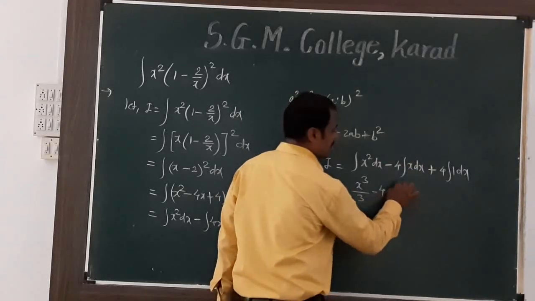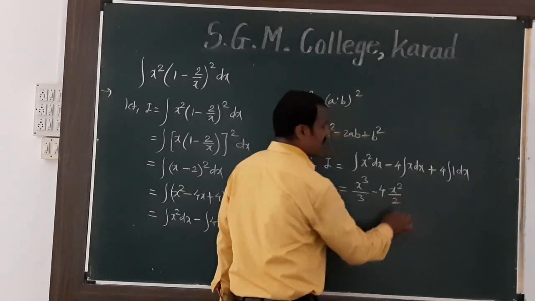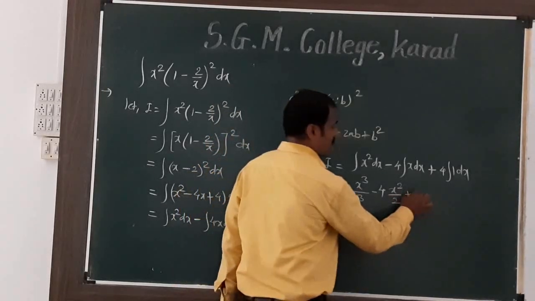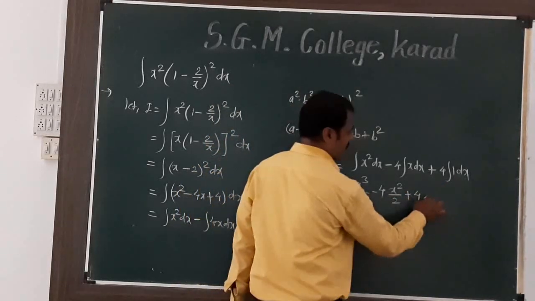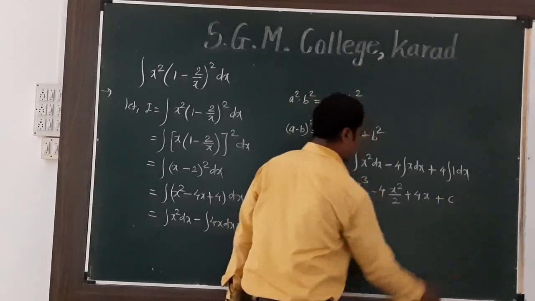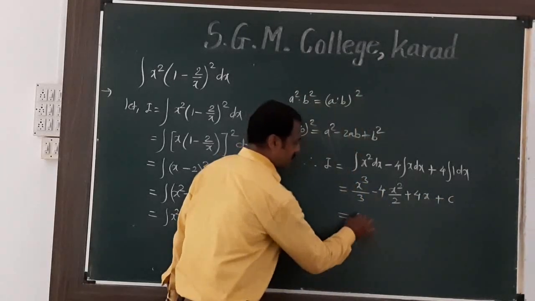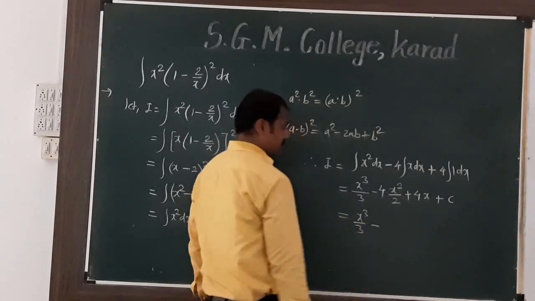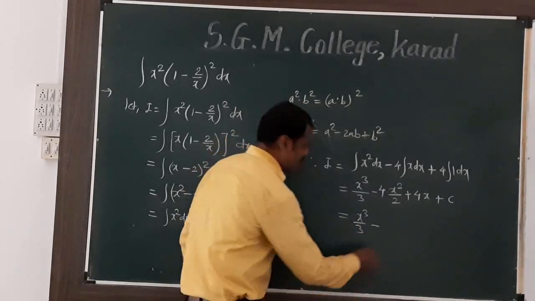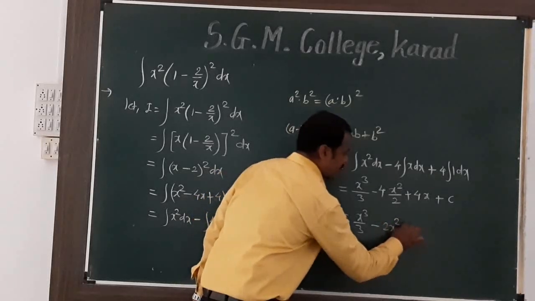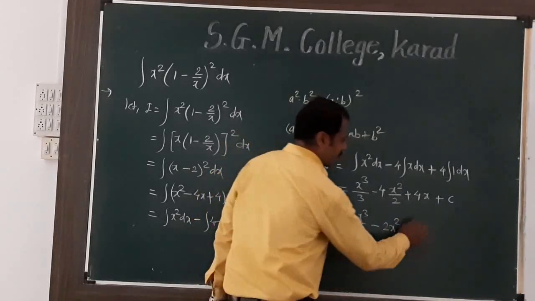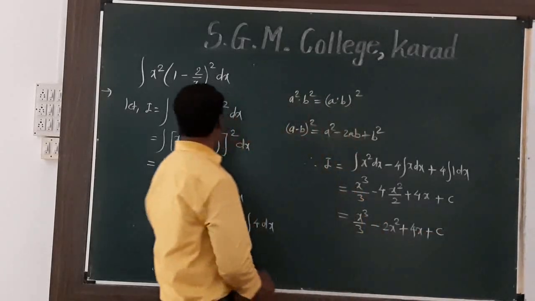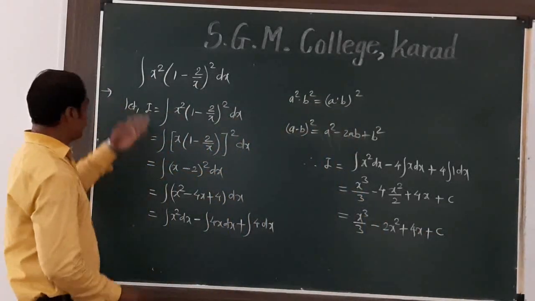So it becomes x raised to 2 divided by the same power, 2. Plus 4 is constant. Integration of 1 is x plus constant of integration c. On simplification, it's x cube divided by 3 as it is, minus 2 2s are 4, so 2x square plus 4x plus c. This is the answer of the given example.